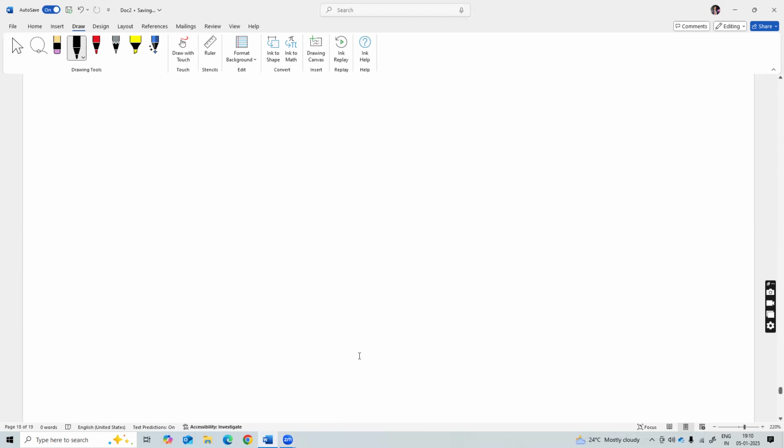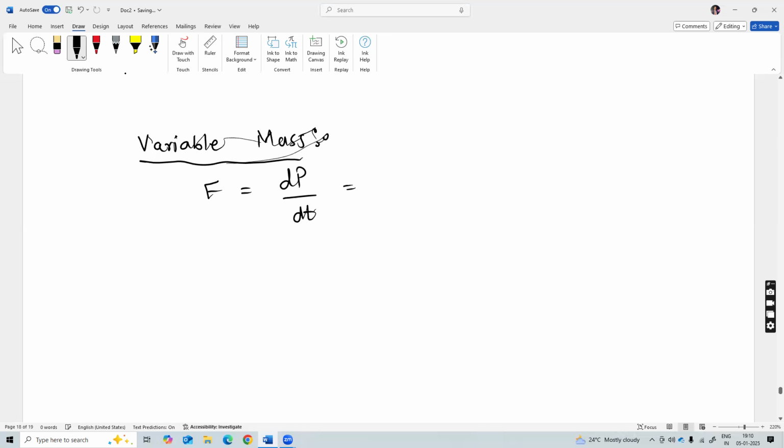So there is the last concept of variable mass in this Newton's laws chapter. Of course, all chapters are connected. Let's see the concept of variable mass. What is the meaning of variable mass? What we have seen is force is equal to rate of change of momentum, that is dp upon dt. This was Newton's second law, and momentum is given as p equal to mv.